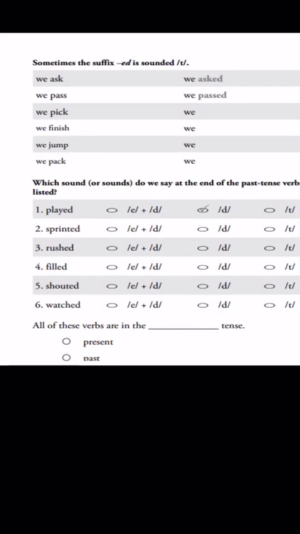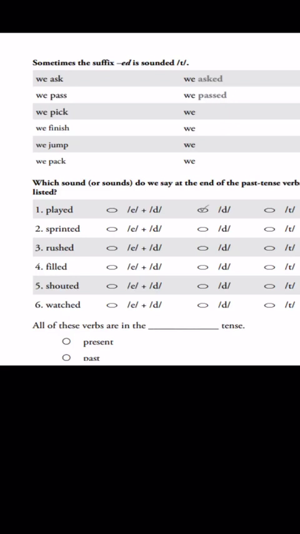Okay? And number 2, sprinted. I would like you all to say that word. What sound do you hear at the end of sprinted? Yes, you hear that ED, right? Okay, so you're going to check mark that little bubble. And then do numbers 3 through 6. Think of what sound you hear and go ahead and check mark.